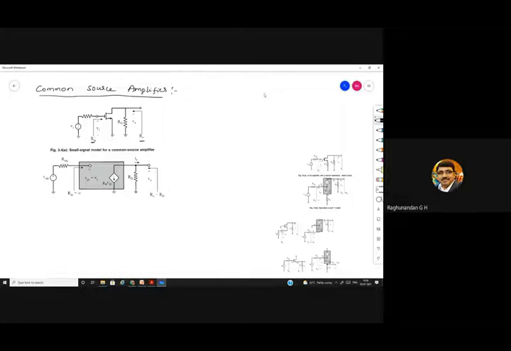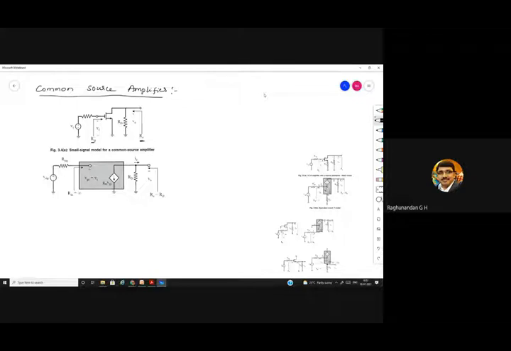Whenever we are finding R in and R naught, we use two phrases. When we find R in, we say it is the input resistance offered by the MOSFET when looking into the circuit. When we define R naught, the output resistance, it is the output resistance offered by the MOSFET when looking back to the circuit.